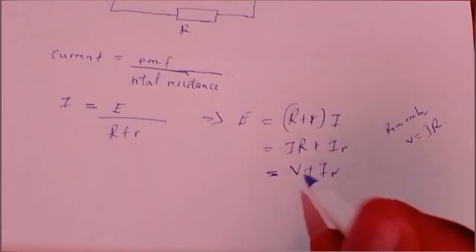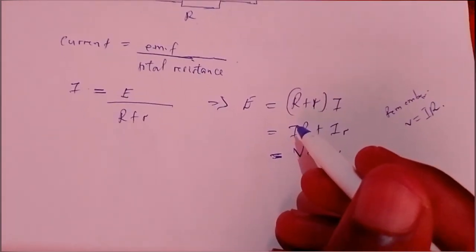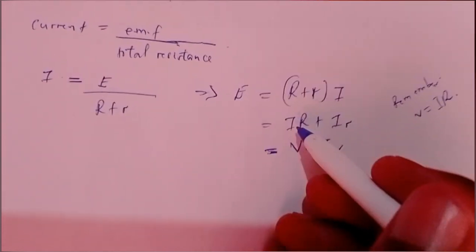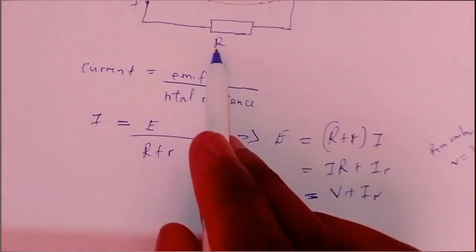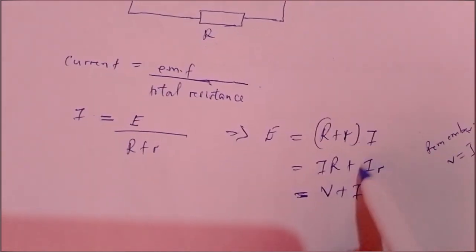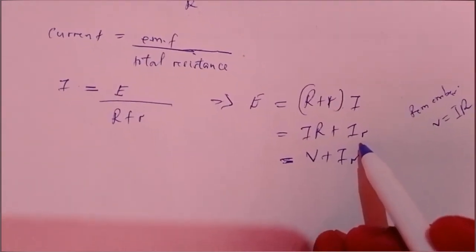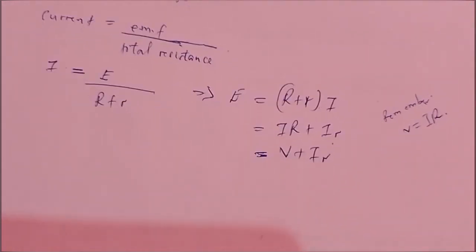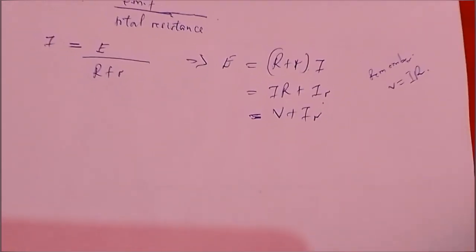This IR is the voltage drop across the external resistor R, while Ir, this one, is the voltage drop across the internal resistance. Hope you understand what I'm saying.